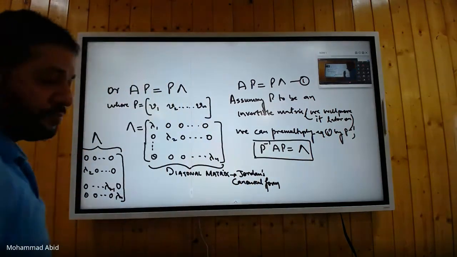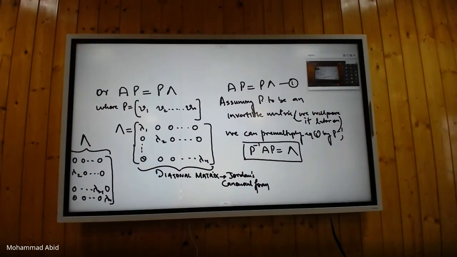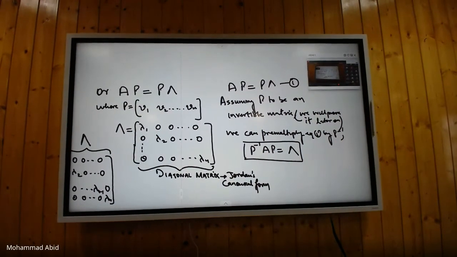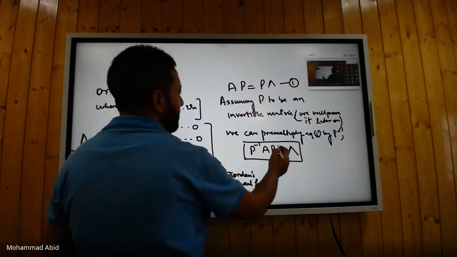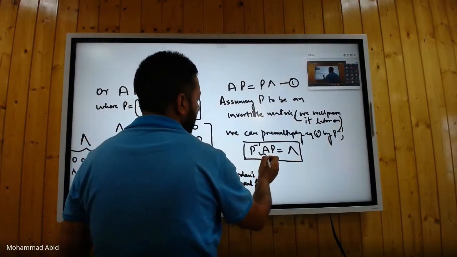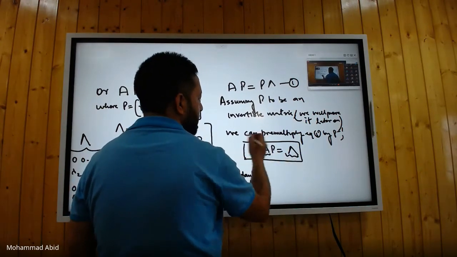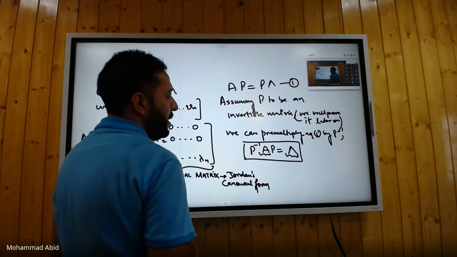Is that okay? So if P is an invertible matrix, I can pre-multiply this equation 1 by P inverse and I end up with this thing. Is that clear? A is a non-diagonal matrix. I am converting it into an equivalent diagonal matrix by performing this operation, P inverse of AP.